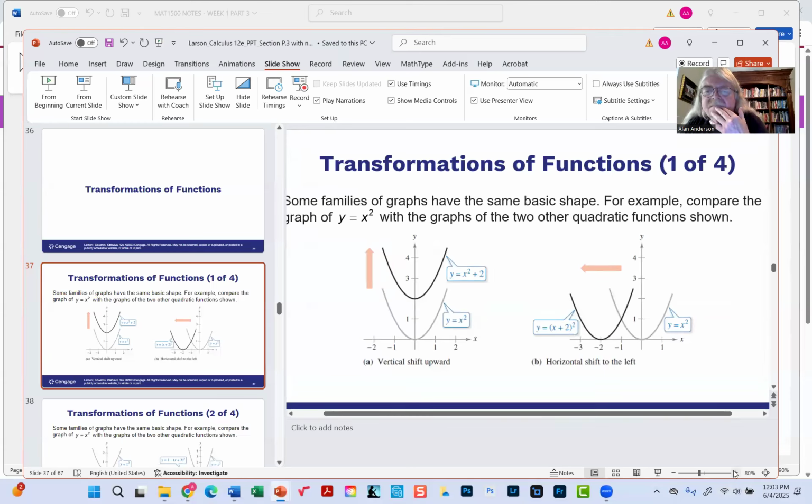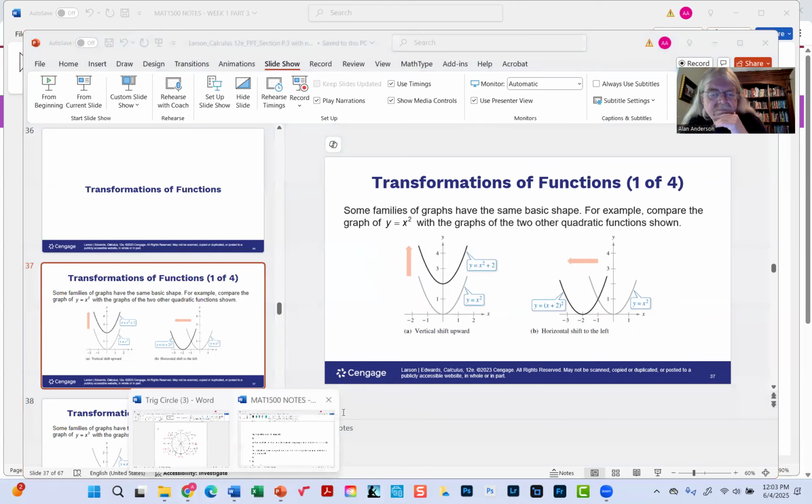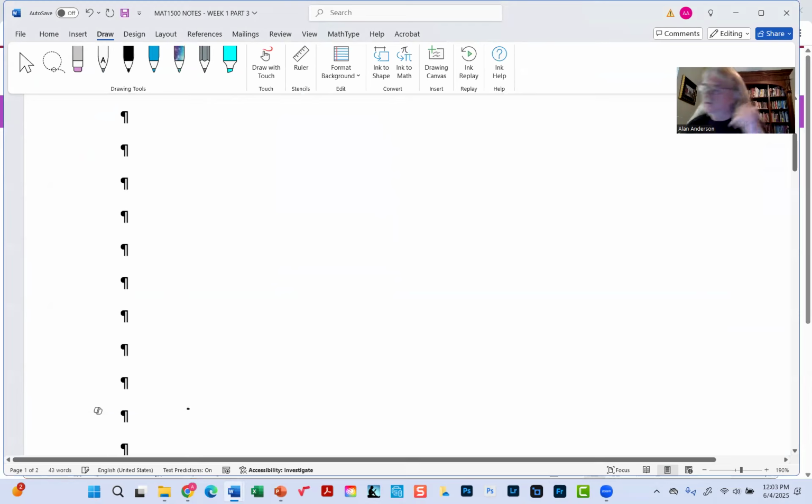But anyway, what we were saying is that y equals x squared and y equals x squared plus 2, the main difference between the two is the intercept.